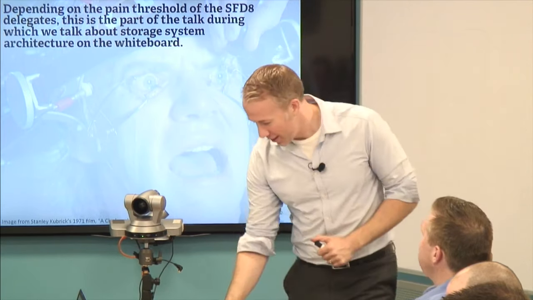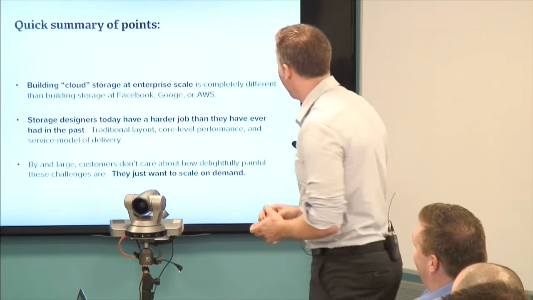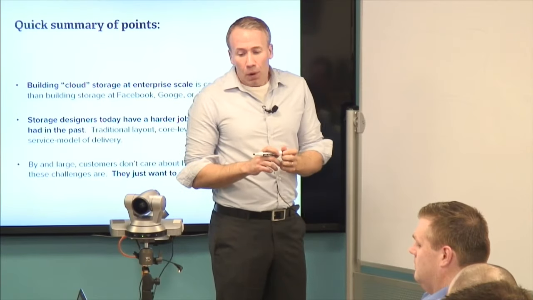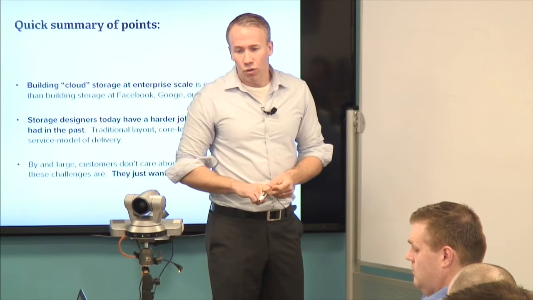Okay, so I'll take the scary Clockwork Orange pictures away, and let me explain something. In the product, we have a notion of a controller, and I talk about this at the beginning of the next section as well. But basically, you have a bunch of these boxes that have some amount of flash and some amount of disk.